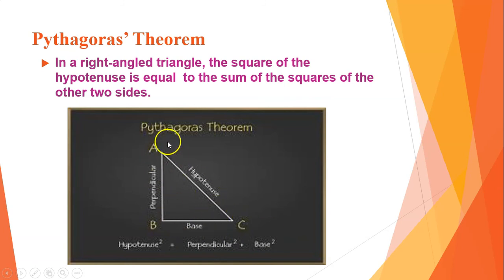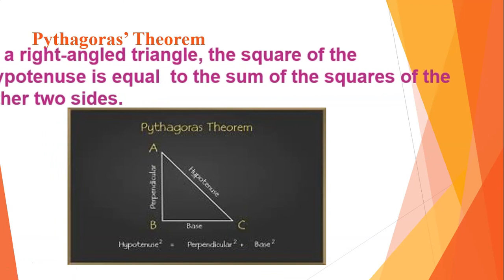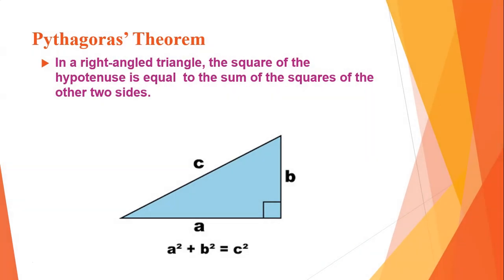In this particular triangle, I can also write hypotenuse is side AC. So AC square is equal to AB square plus BC square. Or we can also write this as, if this is the right angle triangle, this is my right angle, this is the side opposite to it.